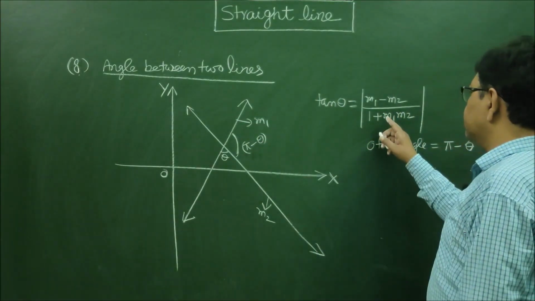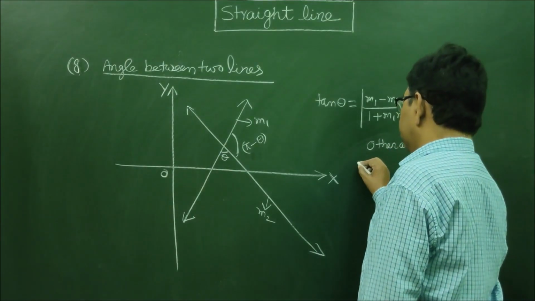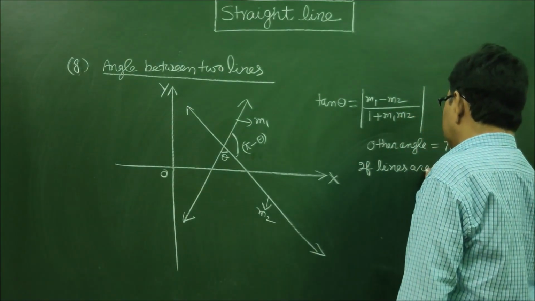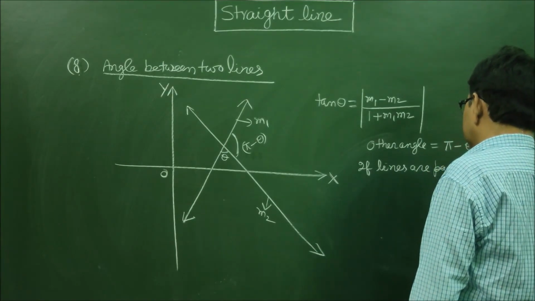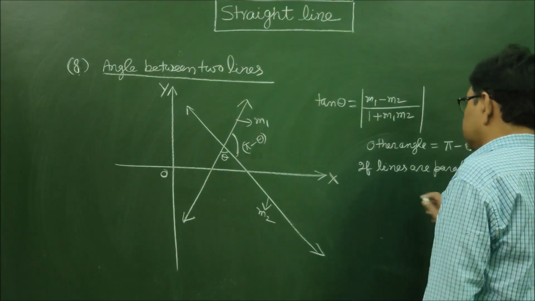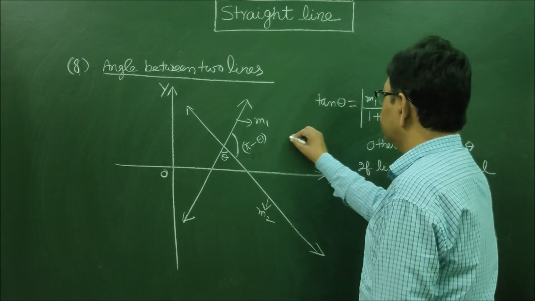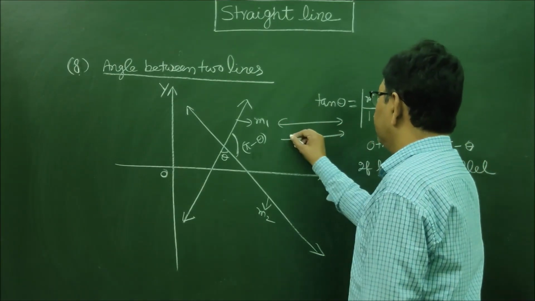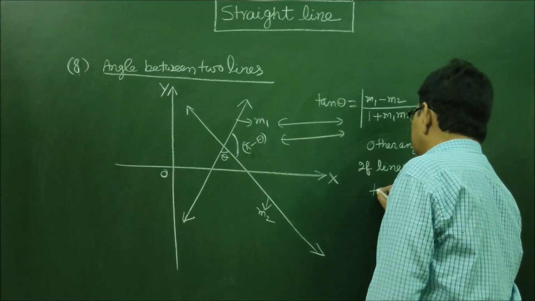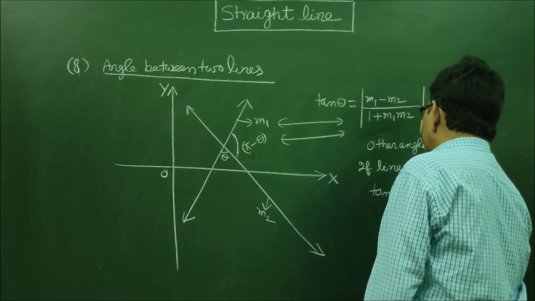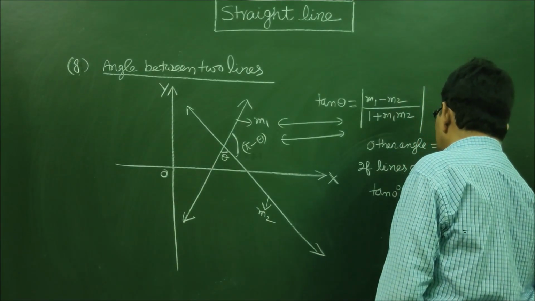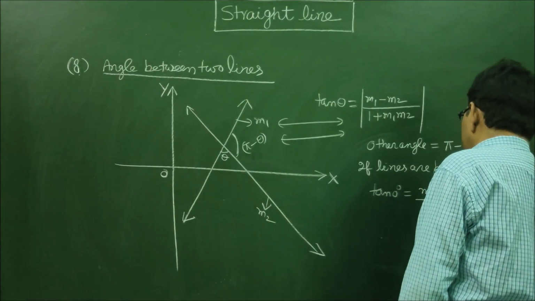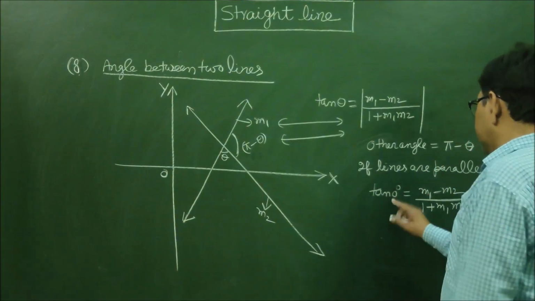Now if the lines are parallel, then the angle between the lines is equal to 0, and tan 0 is equal to m1 minus m2 upon 1 plus m1 into m2, and the value of tan 0 is 0.